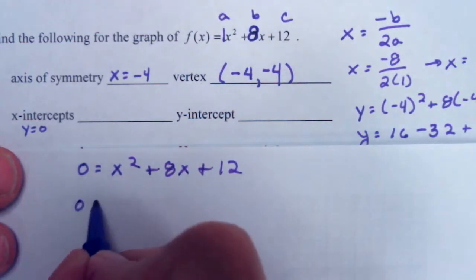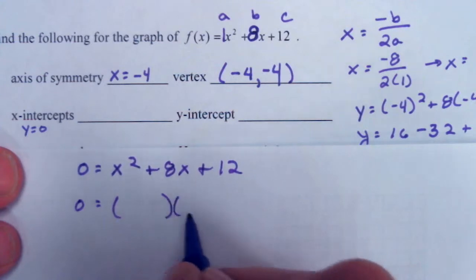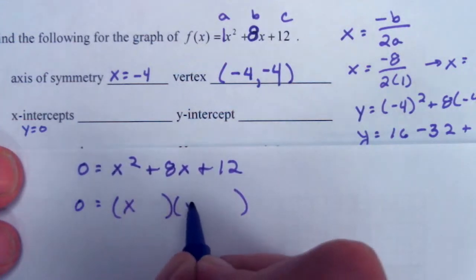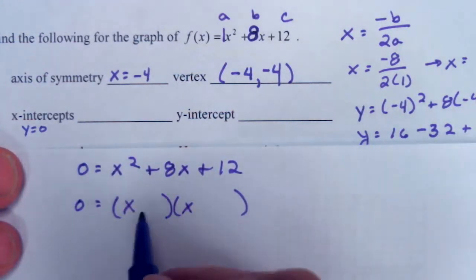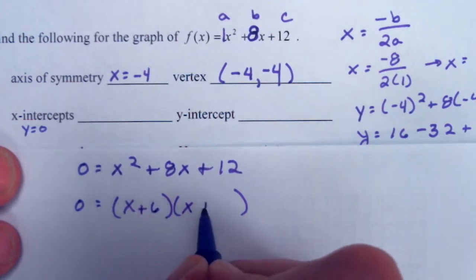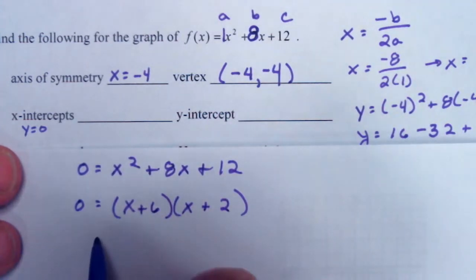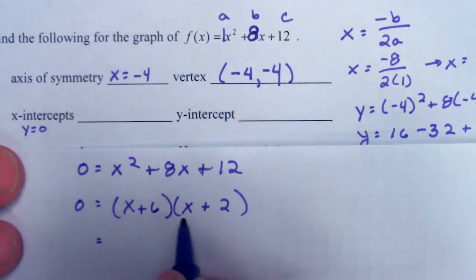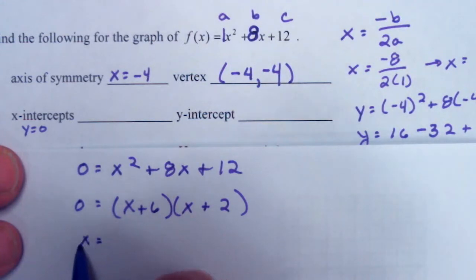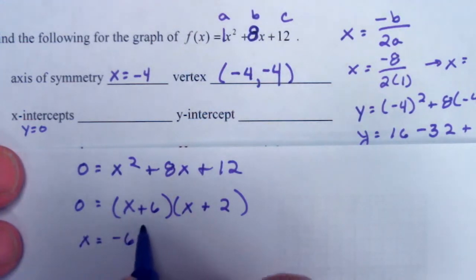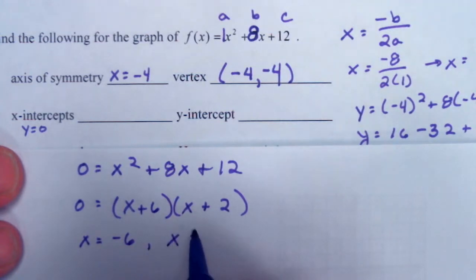The best way to solve this is by factoring. If factoring doesn't work, use the quadratic formula. We need two numbers that multiply to be 12 and add to be 8. I believe 6 and 2 will work. So the values for x that make this true are x equals -6, because -6 plus 6 is 0, and x equals -2, because -2 plus 2 is 0.